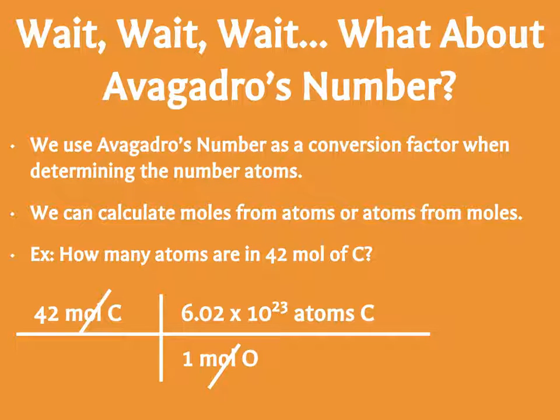And that should give you an answer. All right, so I did not put an answer. Well, let's calculate this out. 42 times 6.02 times 10 to the 23rd is equal to, this equals 2.5 times 10 to the 25th atoms of carbon.